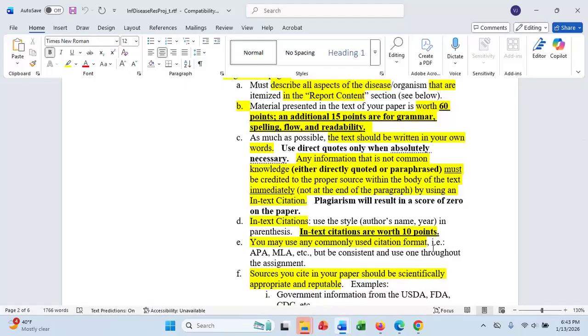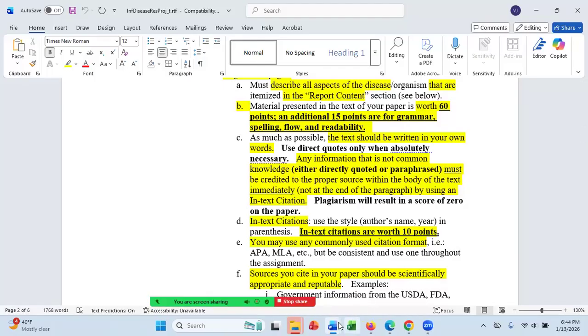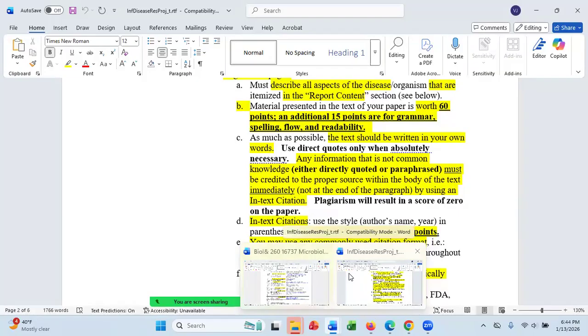In-text citation, use the style of the author's name and year, usually within a bracket. Let me show you that.